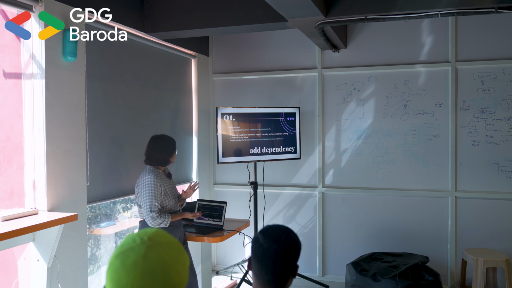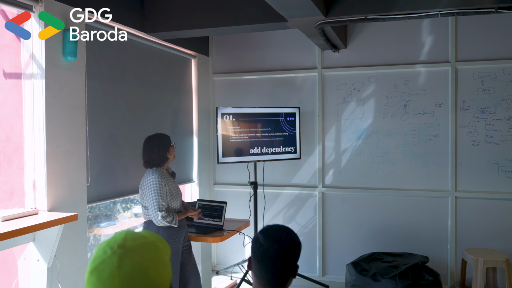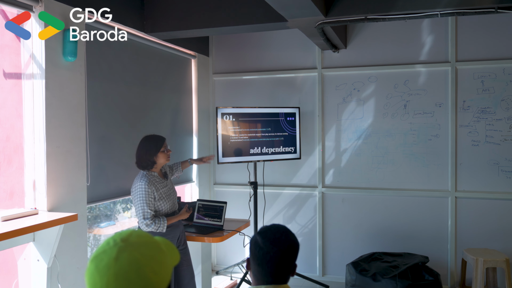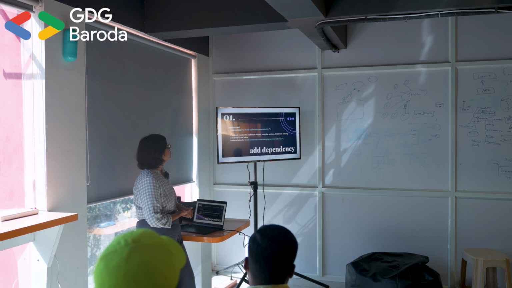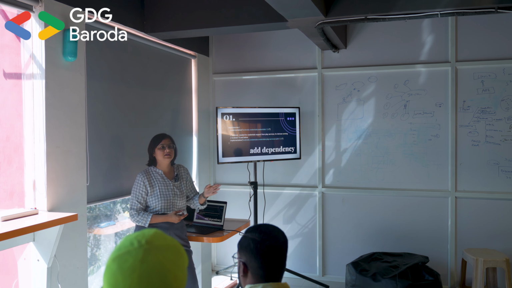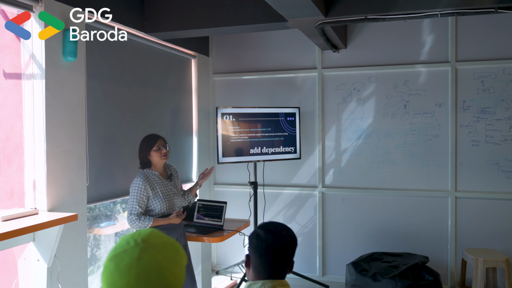So first and foremost, in Android, you will need a dependency. To add the dependency, you need to add the androidx credentials dependency. And if everything goes well, you need to check whether the user's device is Android 13 or Android 14.